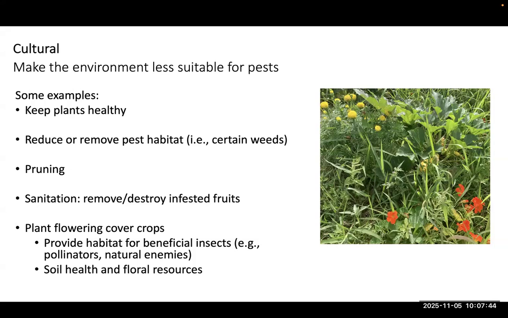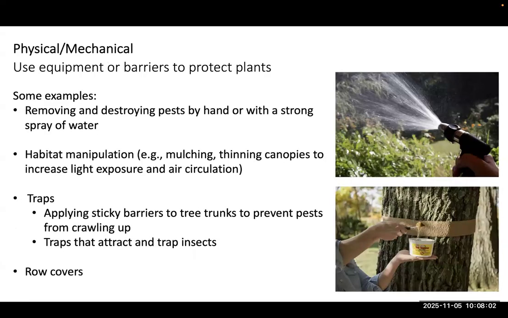So just these definitions and some examples. Cultural, the idea of this is that you're making the environment less suitable for your pests, keeping your plants healthy, reducing or removing pest habitat, planting flowering cover crops, which can help provide habitat for beneficial insects, but also improve soil health and floral resources.